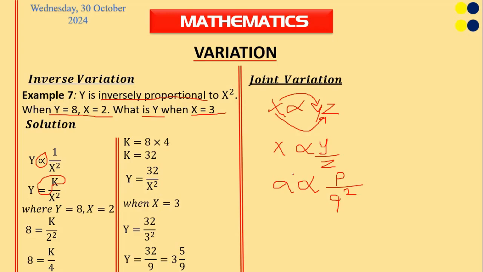In some cases it can be 2, in some cases it can be 3, but irrespective of what it is, it can still be referred to as joint variation. A varying jointly as B, X and P is a form of joint variation. It involves more than one, or two or three elements.